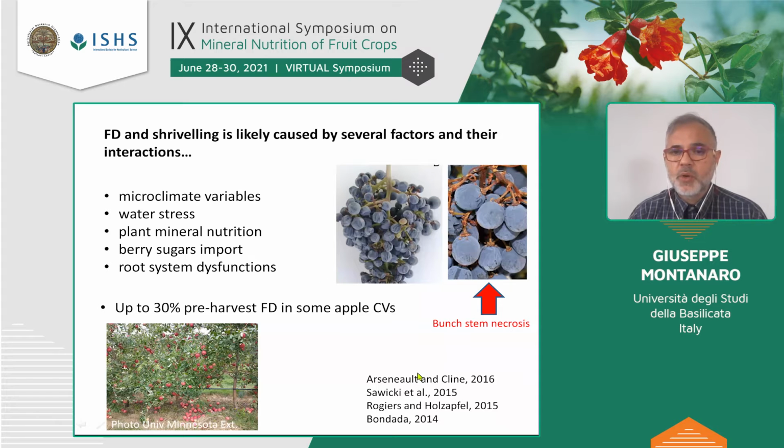Particularly on grapevines, we know this physiological disease, bunch stem necrosis, which is very similar to the symptoms we observed on kiwifruit. You can see the shriveling berry here and the dry rachis.